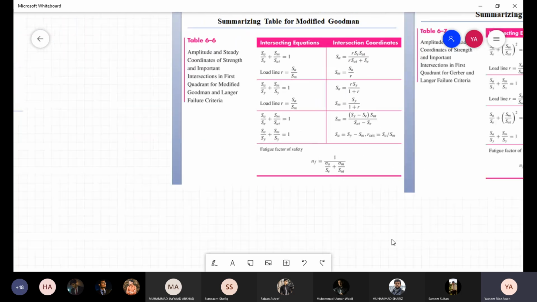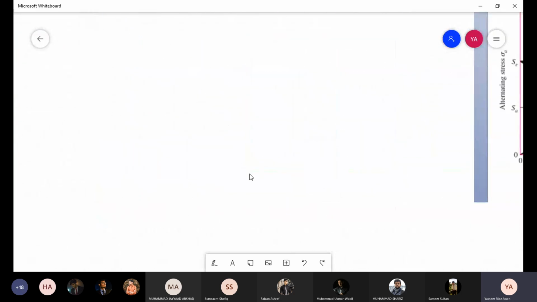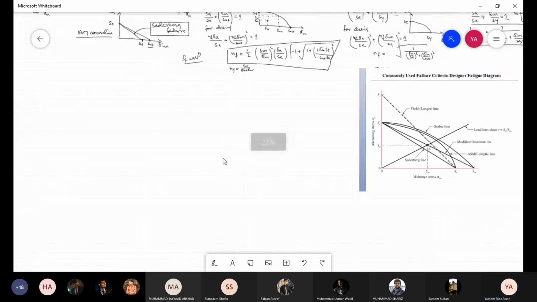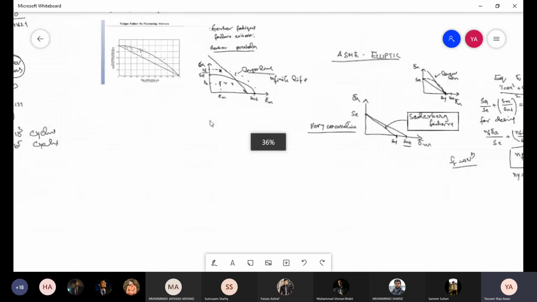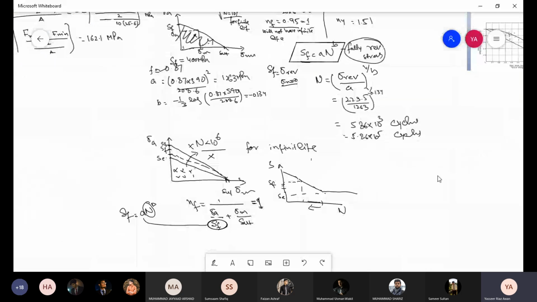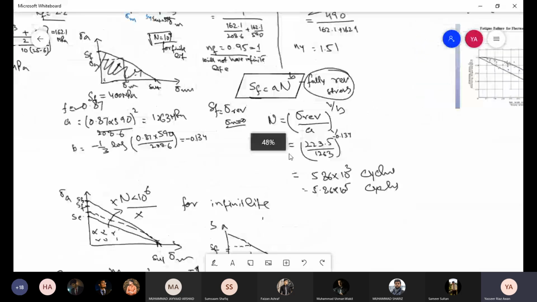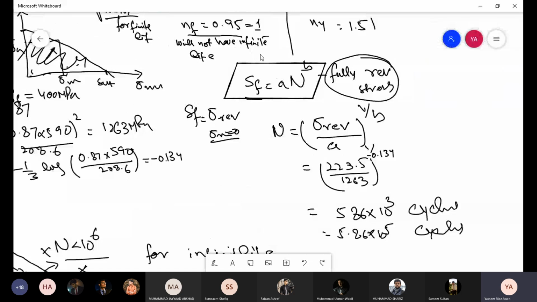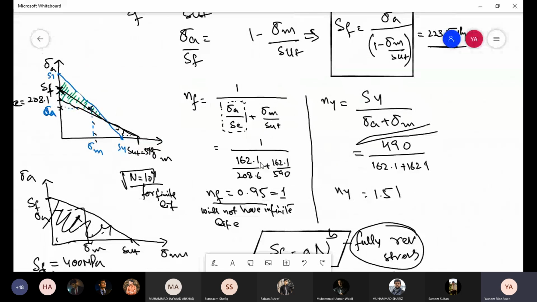So we can, for example, take the problem we did, in which when we found the fatigue safety factor, it was equal to 1.